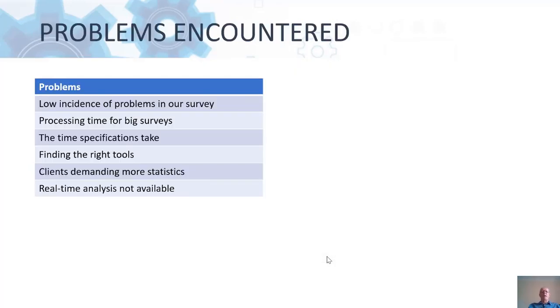In the lead up to this series of webinars this week, we conducted a survey amongst people working in market research agencies, and we got some interesting feedback, and we broke down the feedback by the different topics that we're covering this week. Of course today's is data analysis, and we were quite pleased to find there weren't a lot of problems encountered.